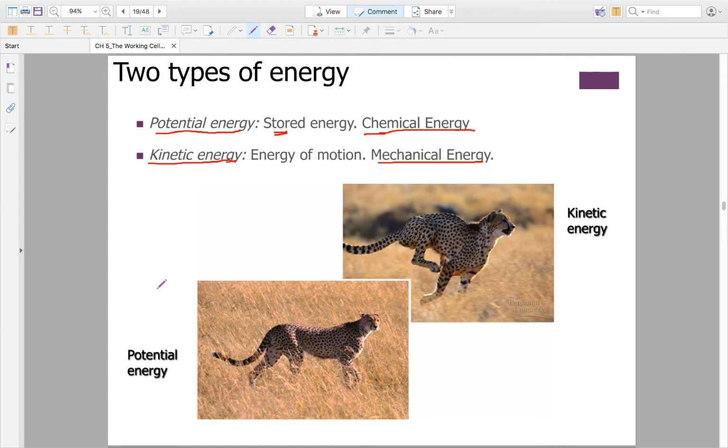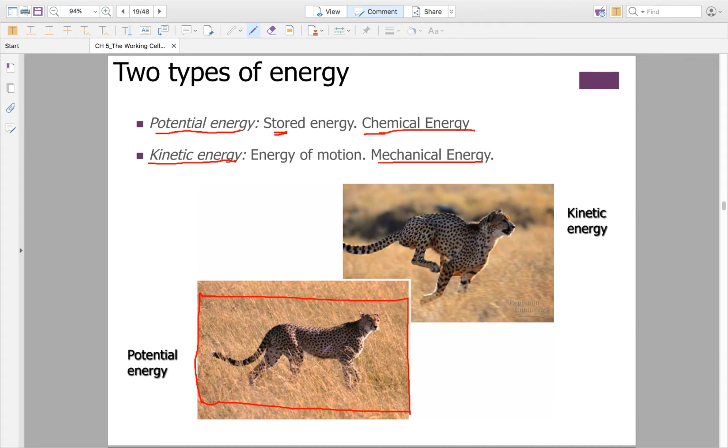Kinetic energy, kinesiology is the study of movement and motion. So kinetic energy is energy in motion. So here in this picture, you see this cheetah. Cheetahs are fast. And as this little guy is sitting here, he's not doing anything yet, but he has the potential to run incredibly fast.